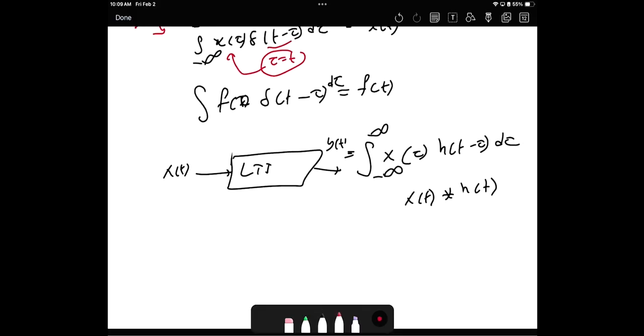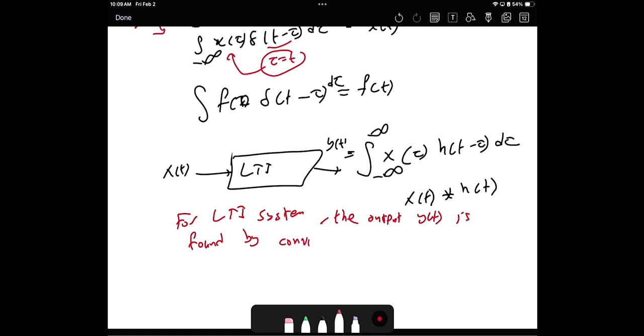So as a result, for any LTI system, the output y of t is found by convolving the input x of t with the impulse response.